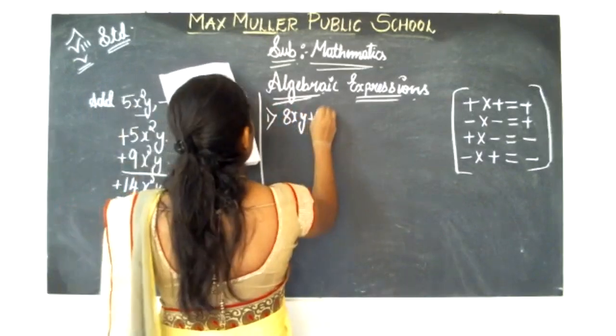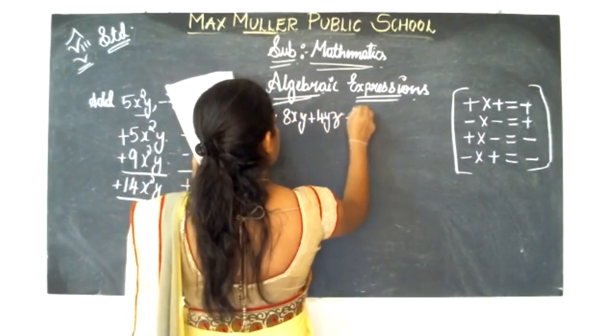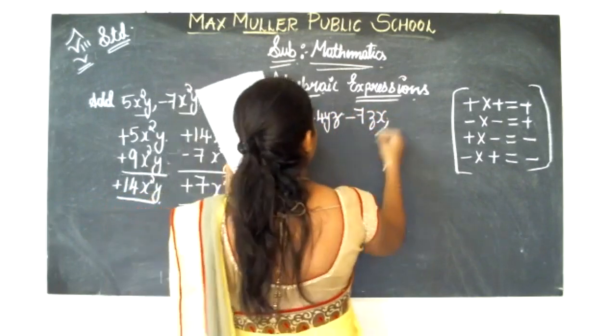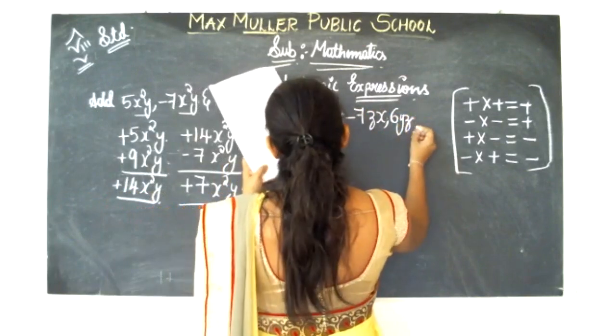8xy plus 4yz minus 7zx, comma, 6yz plus 11zx minus 6y.